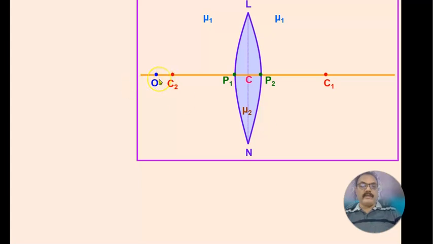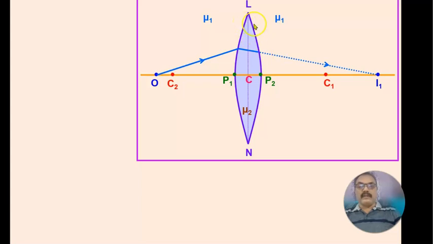Then here is the object O, a point object of very negligible size. The first ray goes and falls on the first surface, is refracted and forms an image at I1. As it is extended, this image will act as a virtual image for the second surface.